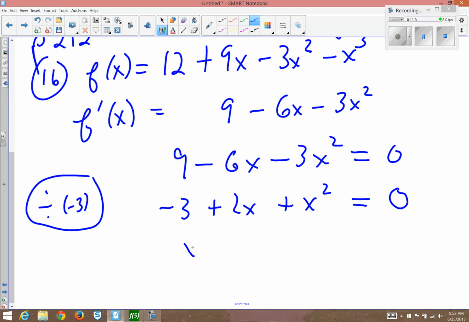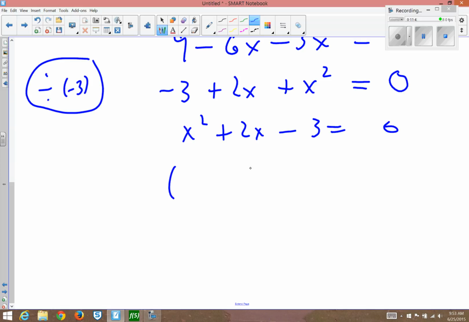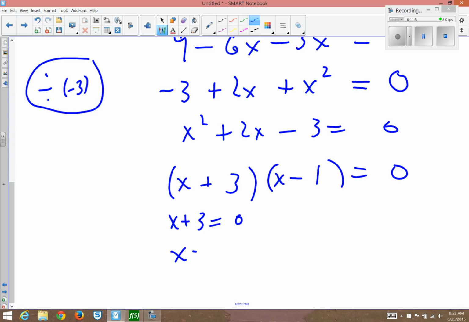This equation is now x squared plus 2x minus 3 equals 0, which we can solve by factoring. (x plus 3) times (x minus 1) equals 0 when x equals -3, or when x equals 1.